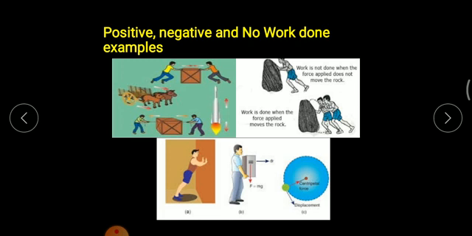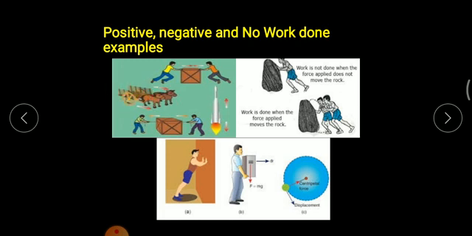Now, there are certain examples: positive, negative, and no work done examples. I've collected some pictures which show positive, negative, and no work done examples. As you can see in this picture, there are certain examples. This horse and this cart are both moving in the same direction.